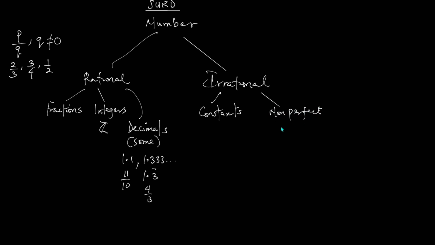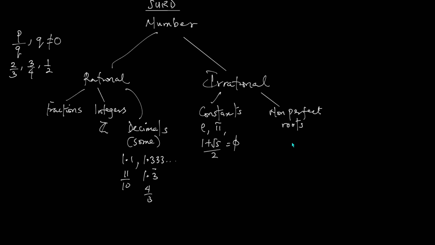Derived constants include the Euler number, pi, the golden ratio, which is 1 plus root 5 over 2, which you find being represented as phi. Now, the non-perfect root is where surd belongs.